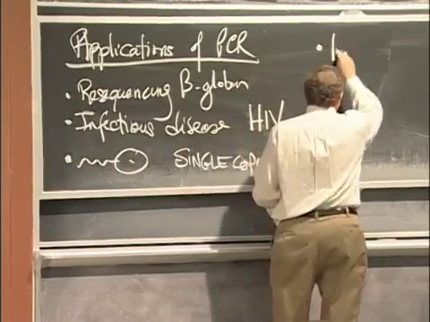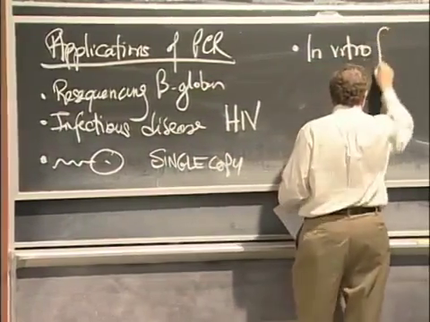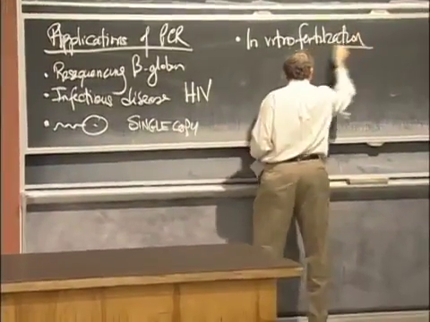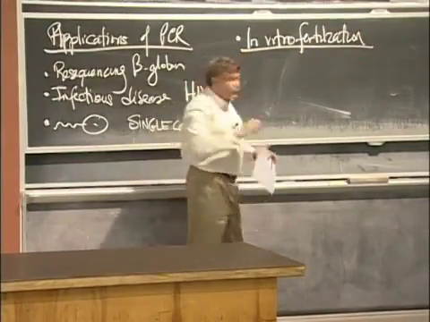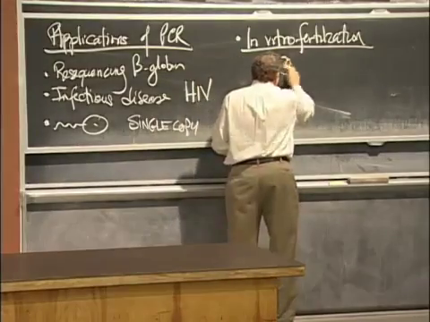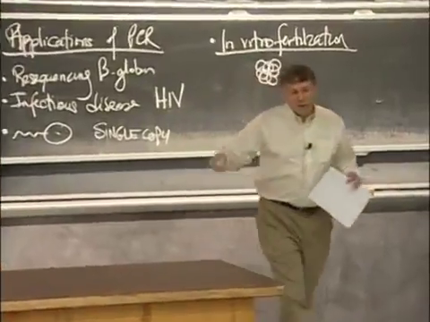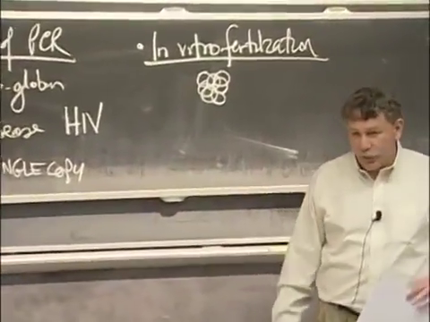if someone is doing in vitro fertilization, remember in vitro fertilization won the Nobel Prize this semester. In vitro, suppose a couple has a 1 in 4 chance of having a baby with some terrible lethal disorder.